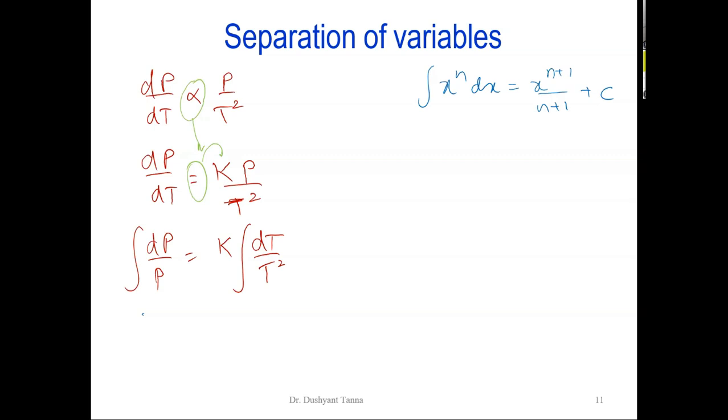C is always there. Why is it important? Because I got t power minus 2. So x power minus 2 dx will be x power minus 2 plus 1 divided by minus 2 plus 1, plus c.